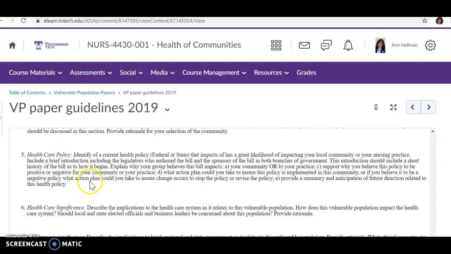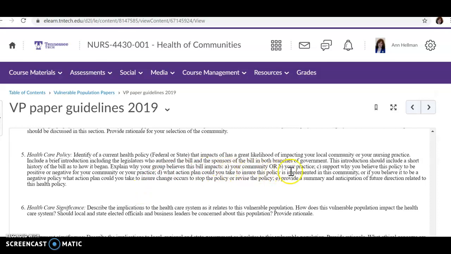Okay. And with these links that I'm going to put up, they'll help you find these bills or these legislative pieces of health policy, and it can be federal or state. It's going to explain and take you through the bill so you have a better understanding of it, okay?